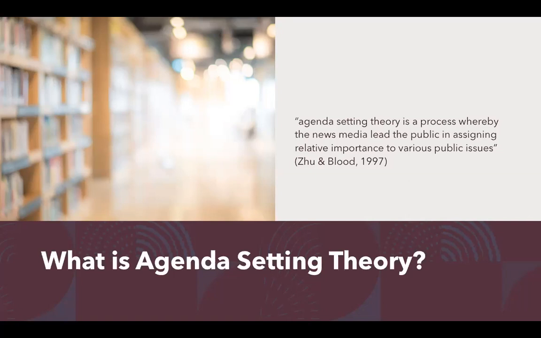Now let's talk about this idea in the context of what is happening on Pakistan's political landscape right now. We all know people have been talking about the PDM, which is the Pakistan Democratic Movement.